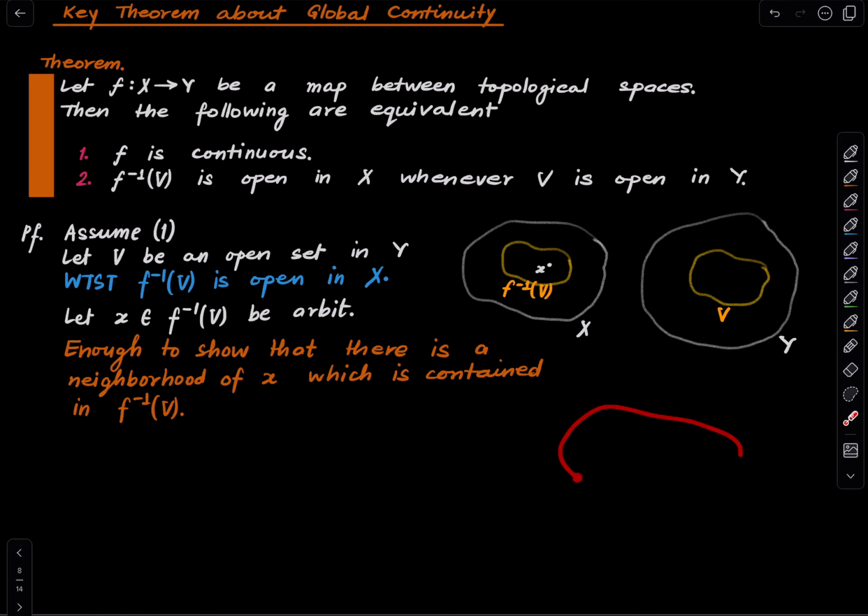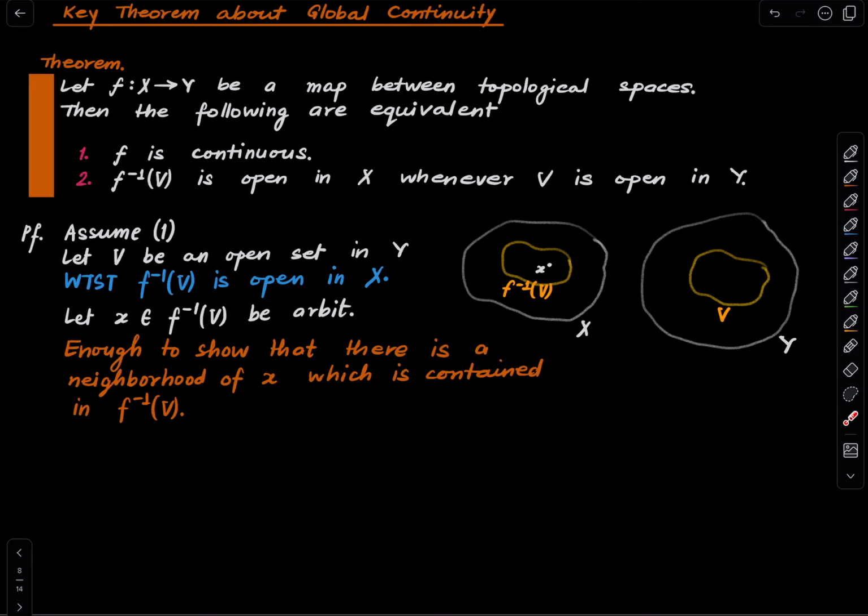You have a topological space X, you have some subset of it, call it S. Suppose you're able to show that for each point in S, you can find a neighborhood of that point which is also contained in S. So for each point in the set S, you can find a room around that point such that the entirety of that room is contained in S. Then the set S is an open set.